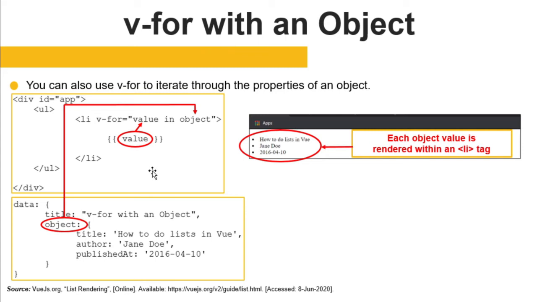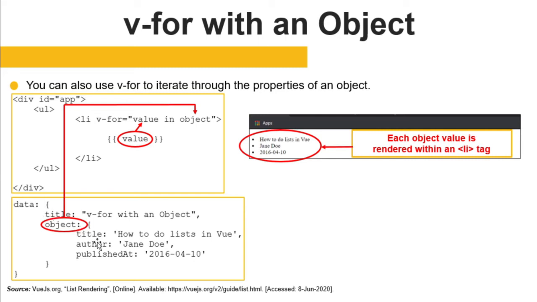It works like the v-for directive applied in an array, but this time, instead of getting each and every array element, we are able here to get each and every property of our object property defined inside our data model.